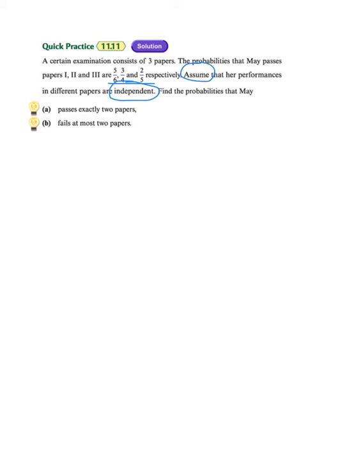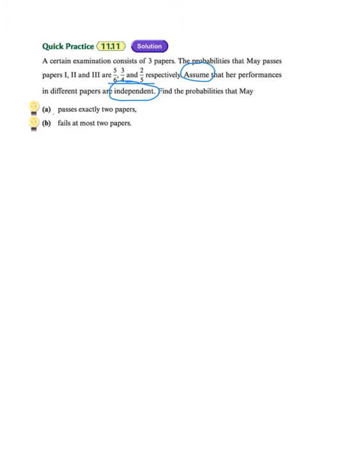If you perform paper 1 well, maybe the chance of success in paper 2 will be lower because of your confidence, and other factors all working together. But when you're doing the questions, you just need to check whether independence has been assumed. So find the probability that she may pass exactly 2 papers.